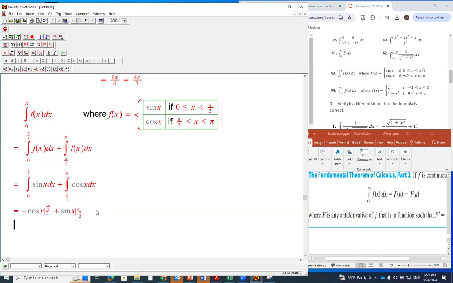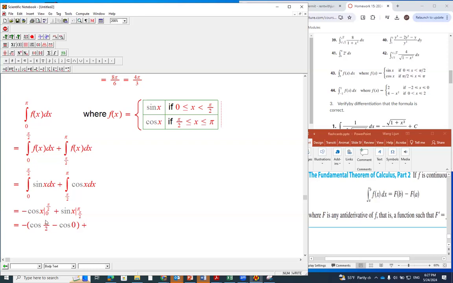Next we're going to plug it in. When we plug in, we can leave the negative sign outside. So it's cosine pi over 2, which is 0, subtracting cosine 0.